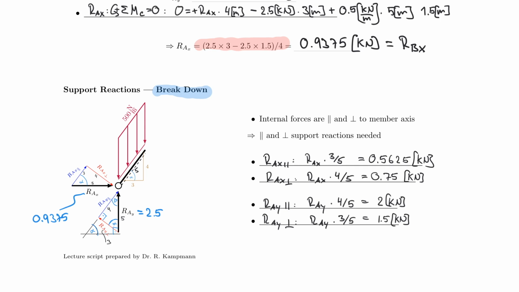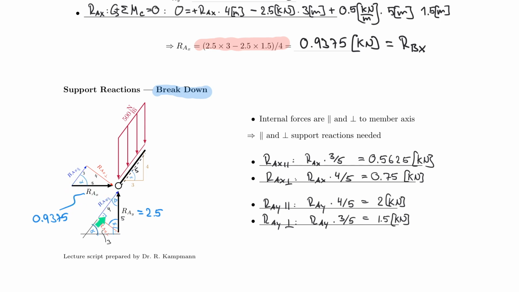So now you probably see what the issue will be here. We broke it down, but we probably also want to combine them. So for example, the perpendicular components are opposing each other, and I want to know how much there is either away from the node or towards the node in the combined version of RAX perpendicular and RAY perpendicular, and then quite the opposite for RAX parallel and RAY parallel.